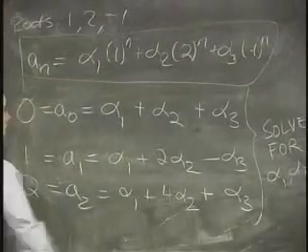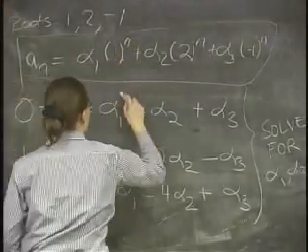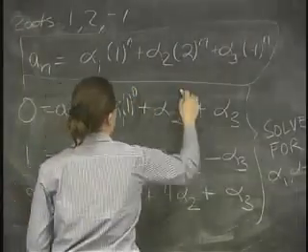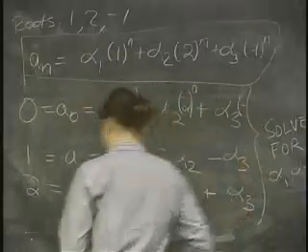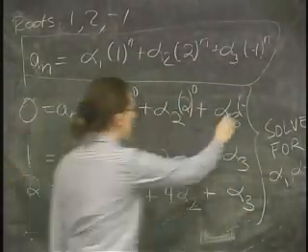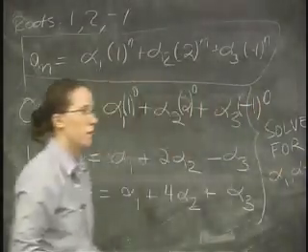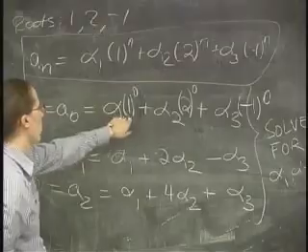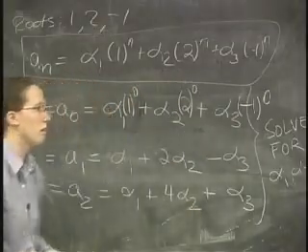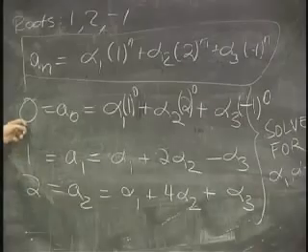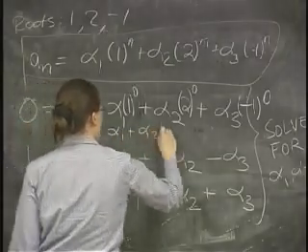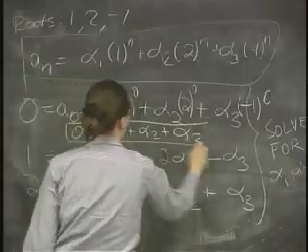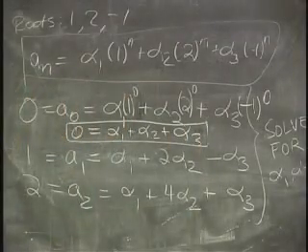I get alpha 1 times 1 to the 0, plus alpha 2 times 2 to the 0, plus alpha 3 times minus 1 to the 0. These are all 1, and I assumed from the beginning that this is equal to 0. So I get the equation 0 equals alpha 1 plus alpha 2 plus alpha 3. And that's one of my initial conditions.